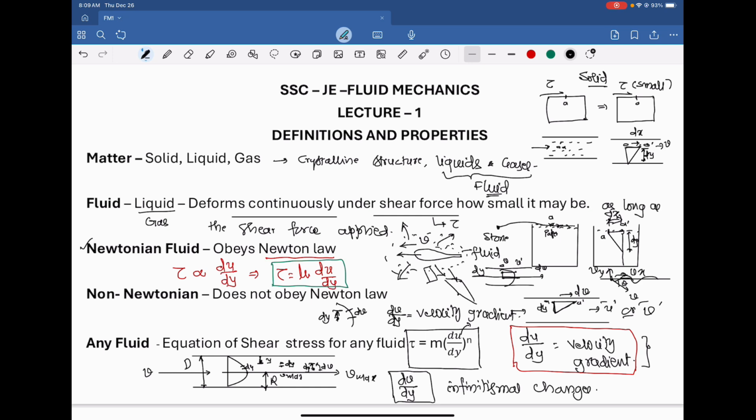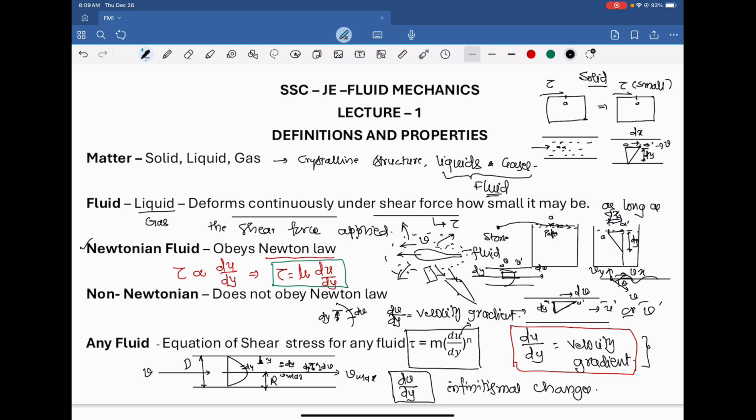Then there is a concept called velocity gradient, and that velocity gradient is du by dy, change in velocity with respect to change in position. dy is change in position, du is change in property. Change in velocity divided by change in position is equal to velocity gradient.